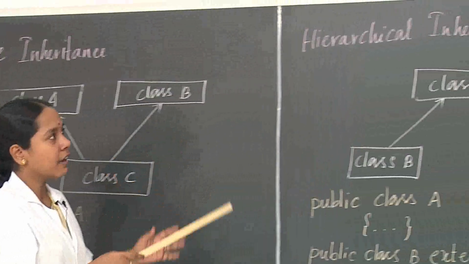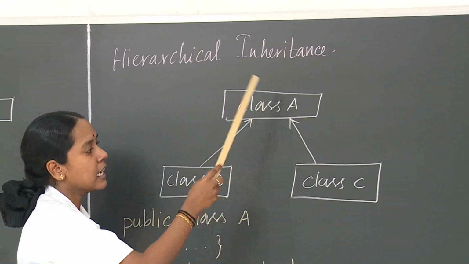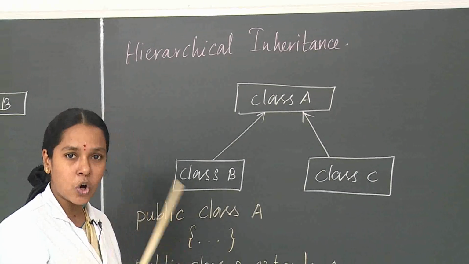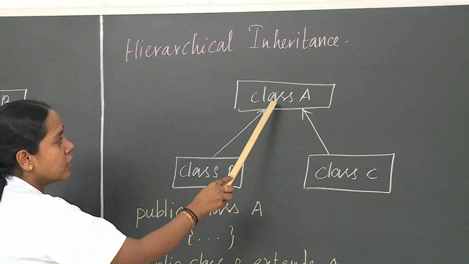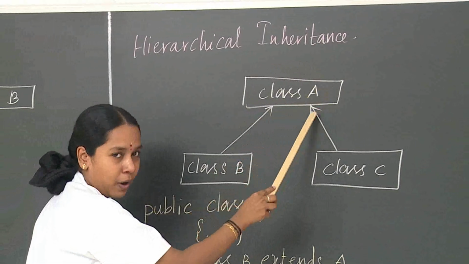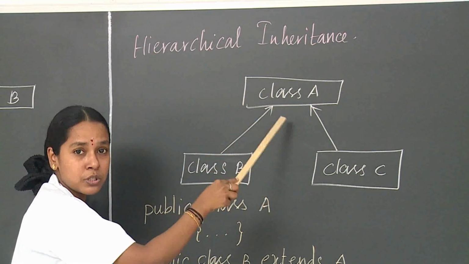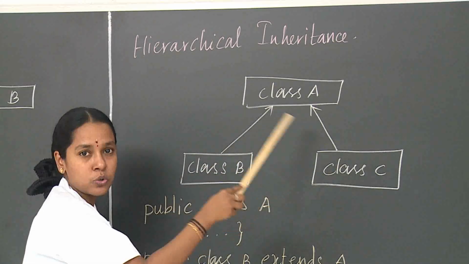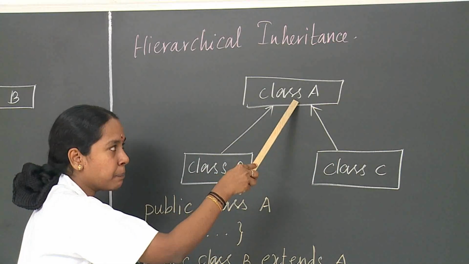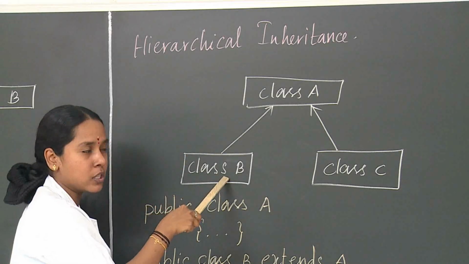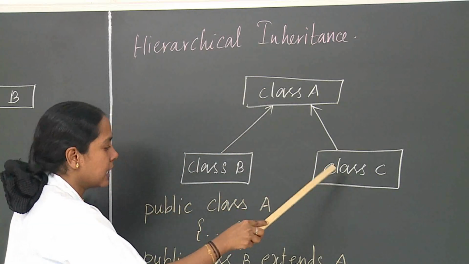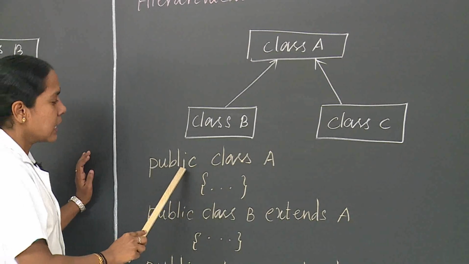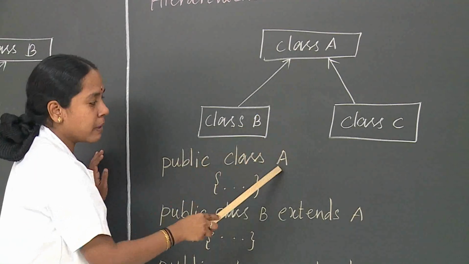Okay. Second one is hierarchical inheritance. Hierarchical inheritance is also not supported in Java. Okay. So here I declare one base class and use its properties in two subclasses. That is, class A's properties in class B and also in class C. Okay. So here the syntax is public class A, that is my base class.